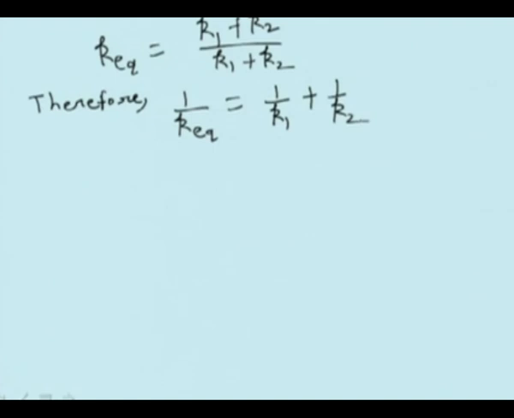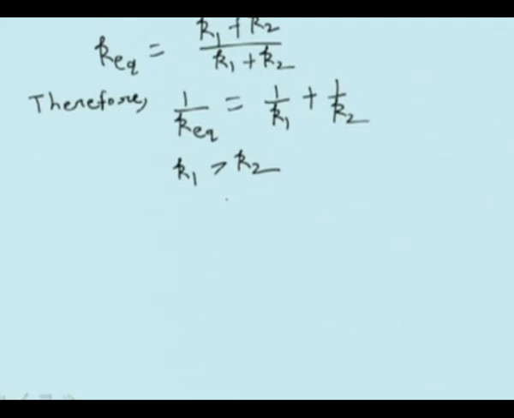You can easily see that K equivalent cannot be more than the smaller one. Suppose K1 is greater than K2, then naturally K equivalent cannot be more than K2 actually. So when they are in series, the equivalent stiffness in fact reduces.